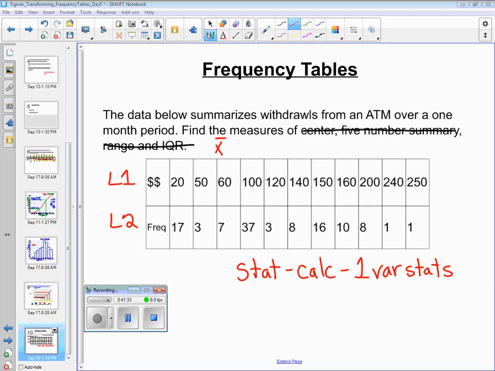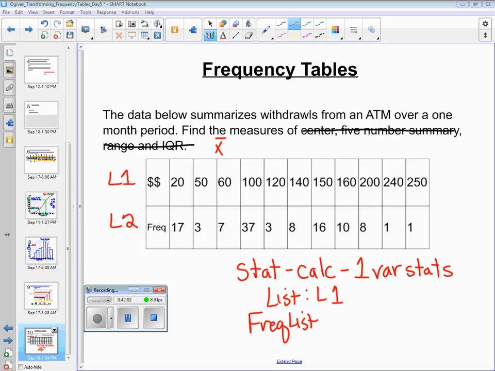1 var stats. It's still 1 variable. We're not talking about 2 variables yet. So you went too fast. I want the screen up that tells you what you need to do. You're going to go to list. The option is L1. You'll notice it'll say frequency list underneath that. Frequency list, usually we leave blank.